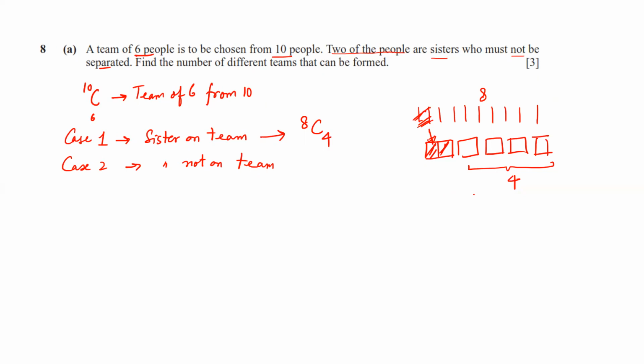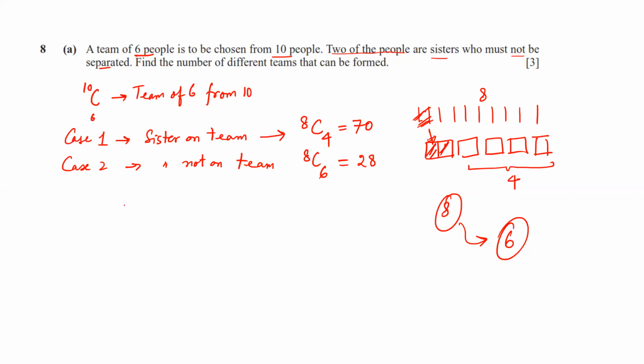Then the second case is sisters not on the team. If the sisters are not on the team, how many people are we left to select from? We are left with 8 people to select from, and we have to select 6 members. So 8C6 will be the choice we have. Remember 8C6 is 28, and 8C4 comes out to be 70.